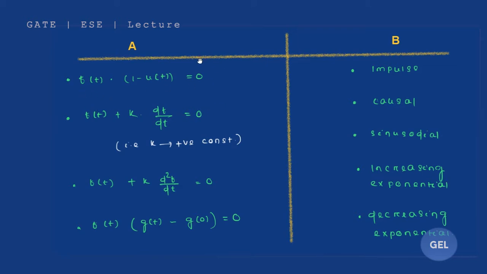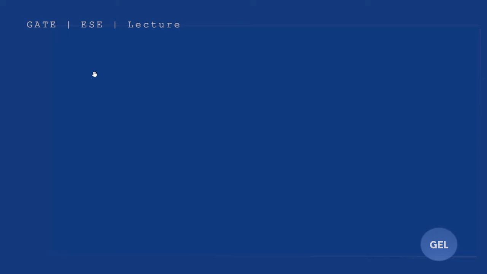Let's take this first equation, f of t whole into 1 minus u of t equals to 0. Let's see which one this belongs to. Look here carefully. I think this was the equation.